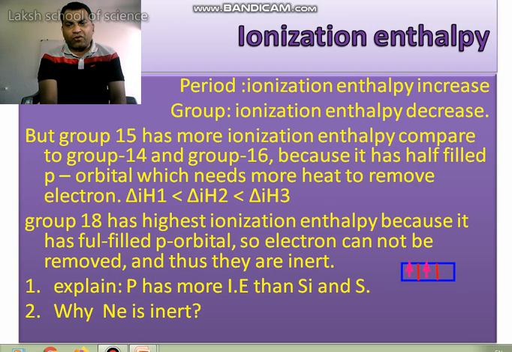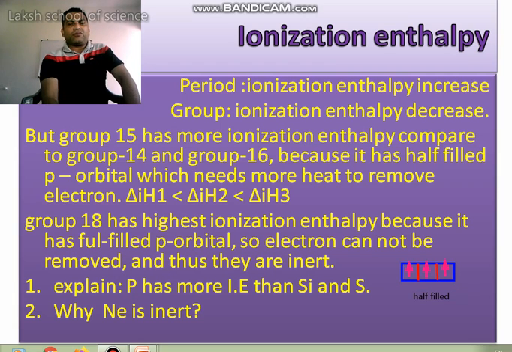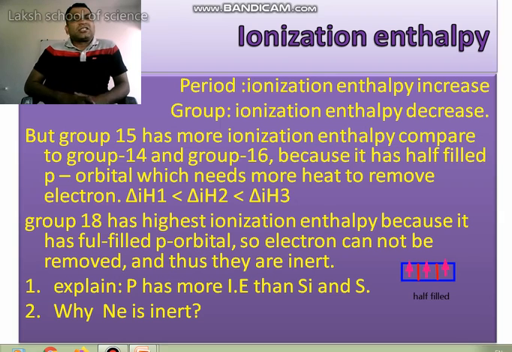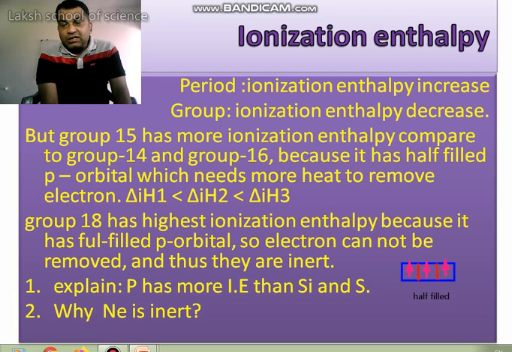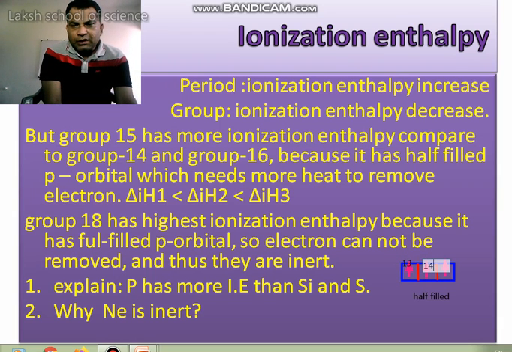In the P orbital the electrons are staying in the first pattern. This is group number 13, this is group number 14, and this is group number 15. In group number 15, the electronic configuration is like this, and it is known as half filled electronic configuration.